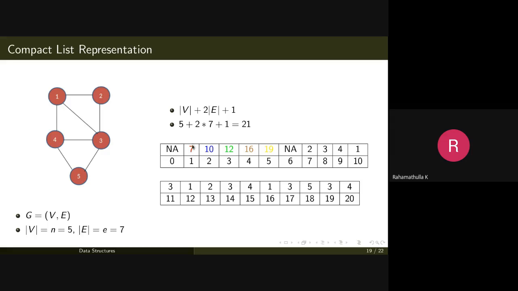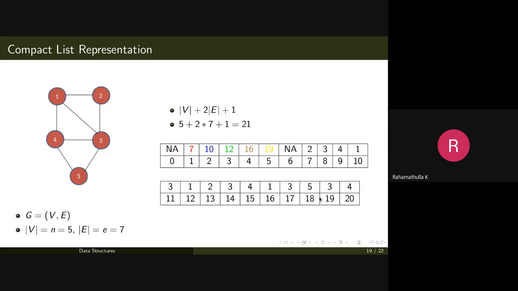So the edges of the first vertex start at location 7. The edges of the second vertex start at location 10. The third vertex's edges start at location 12. The fourth vertex starts at 16.